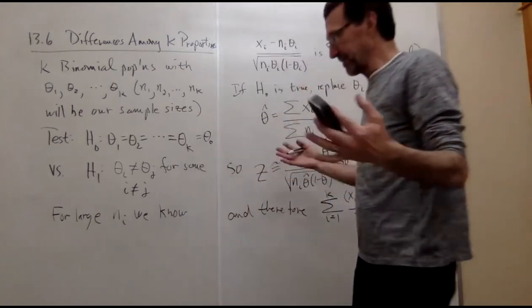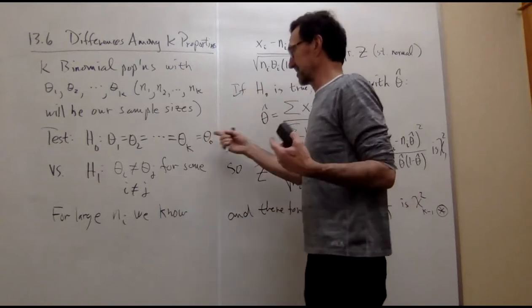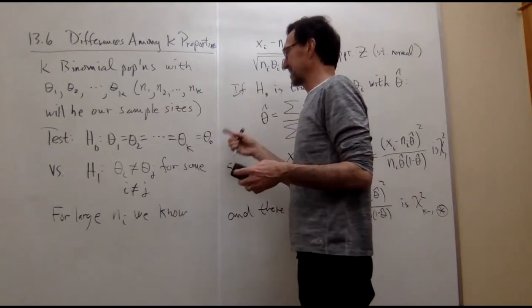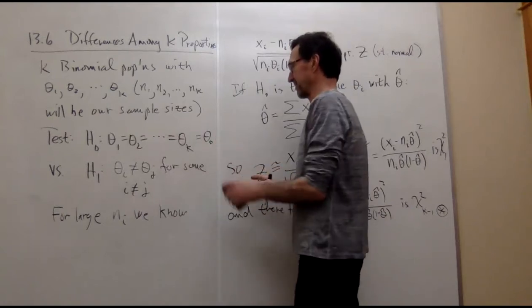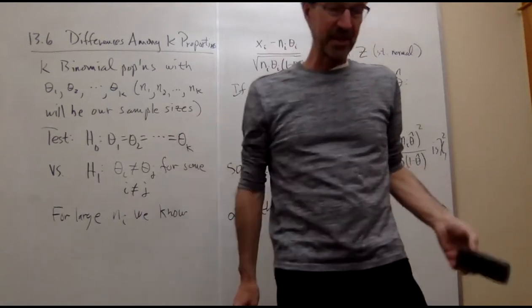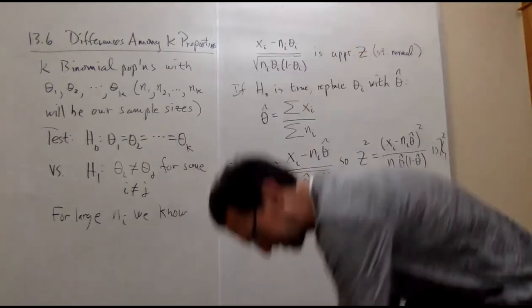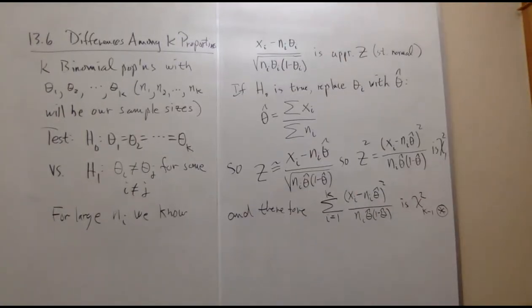And most of the details are the same. In my experience, that seems sort of rare. It seems like too much to ask for, that they are all the same and that they all are some pre-specified value. So I'm going to work it for this hypothesis, and then at the end I'll tell you 2 little differences that we'll do if someone claims a predetermined value for all of those thetas.